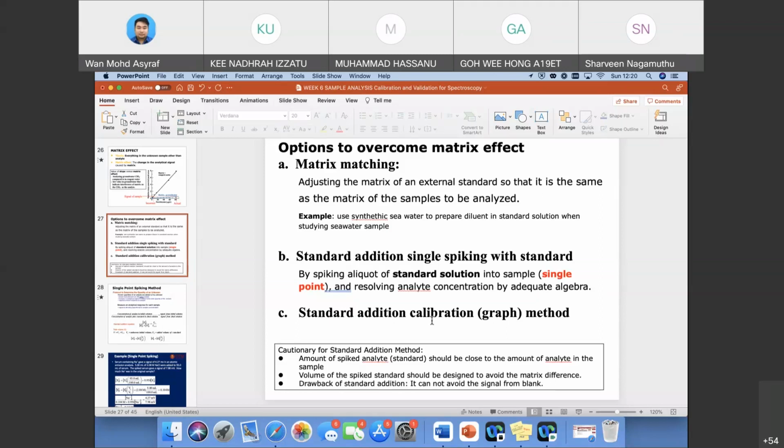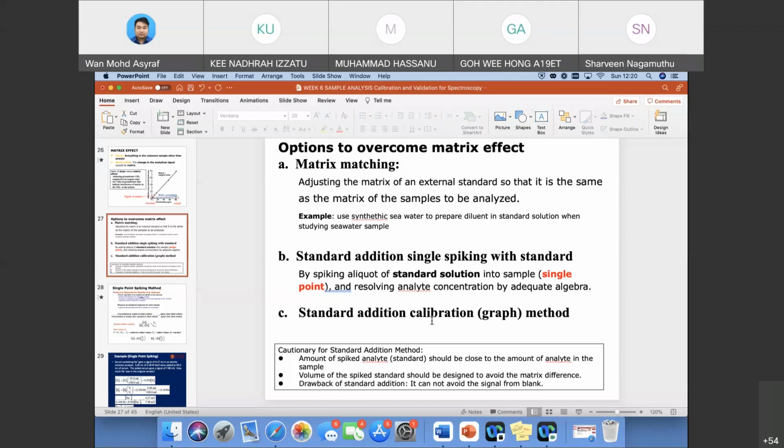The second one is the standard addition single spiking with standard. Before this, one of you asked me what spiking is. Spiking is when you put a known amount of your analyte into your sample. For example, your seawater sample where you don't know the value.